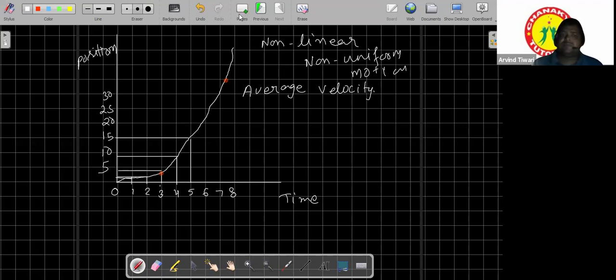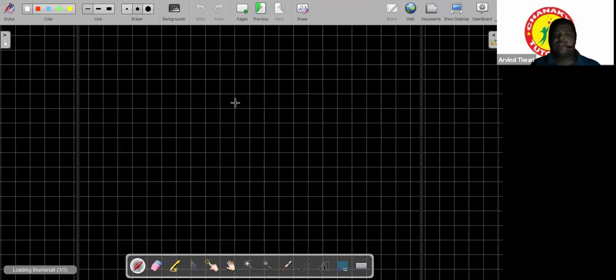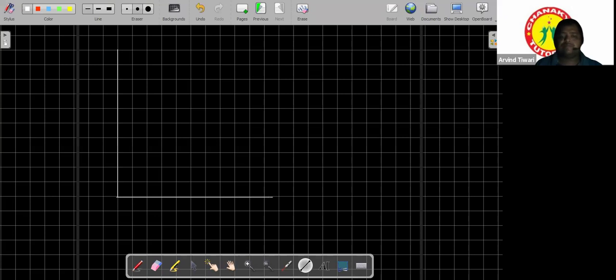Now let us see some doubts with the speed-time graph or distance-time graph. So let us try to construct a distance-time graph also. Let's say this is the distance, which we are representing on the y-axis, and here we are representing time.